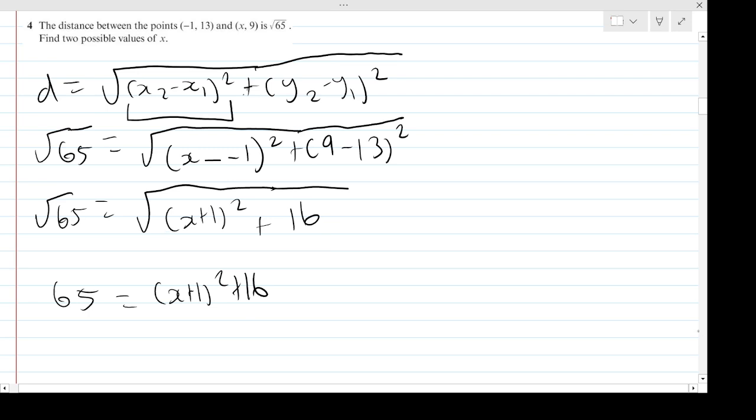And I did mention in an earlier chapter, if you do square both sides, you have to check for something called an extraneous solution. For example, if we had root x equals 1, and you squared both sides, you'd have x squared equals 1, and then x would be plus or minus 1.